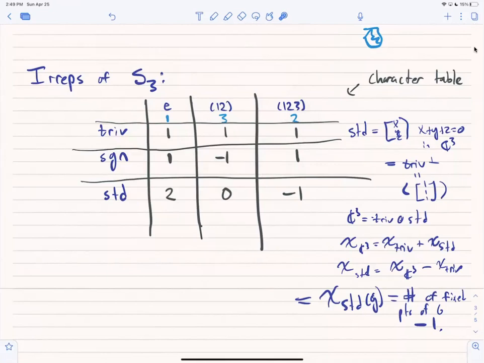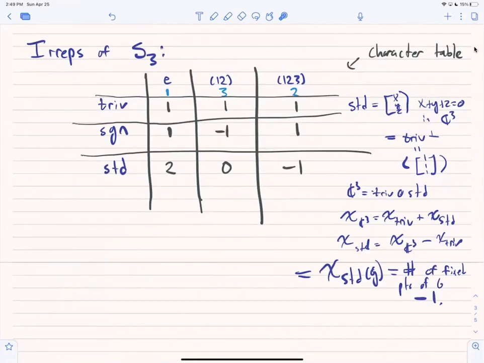And we can check various things that we know are true from this table. For example, we know that the characters are orthonormal for this inner product.